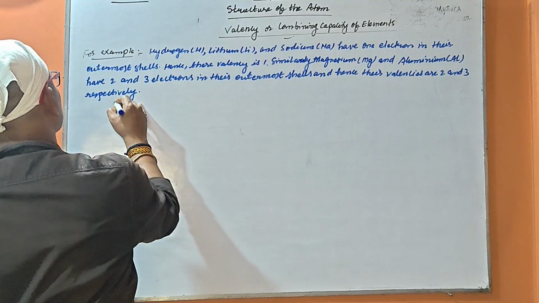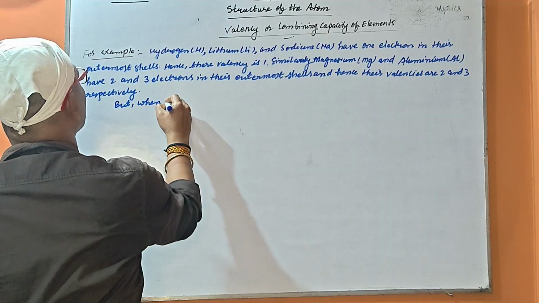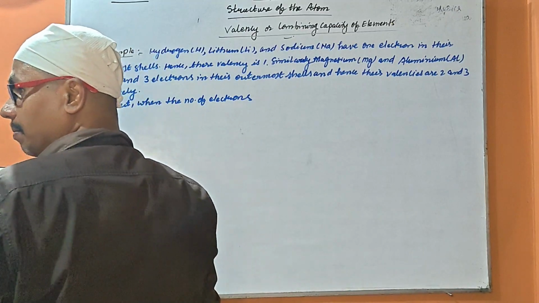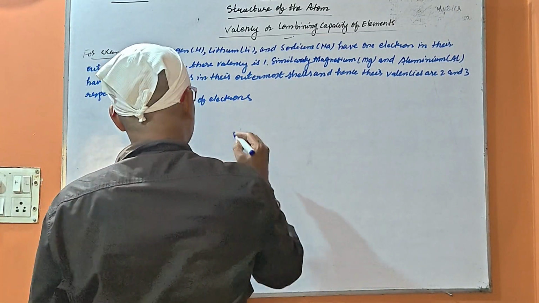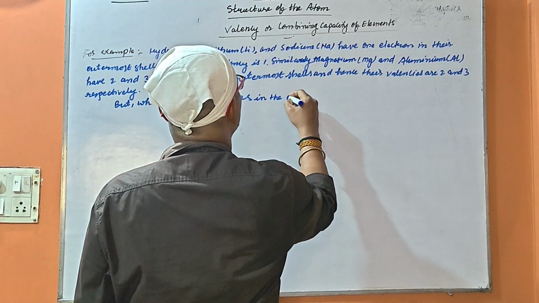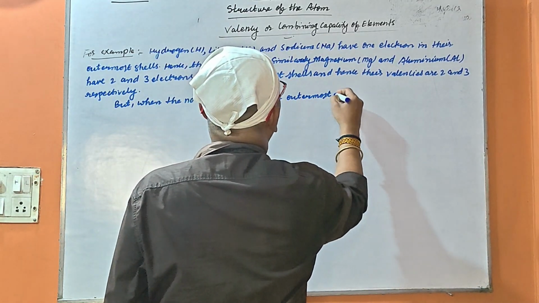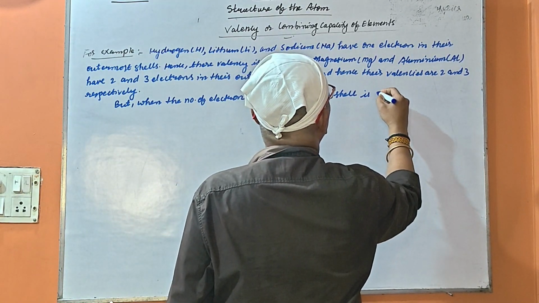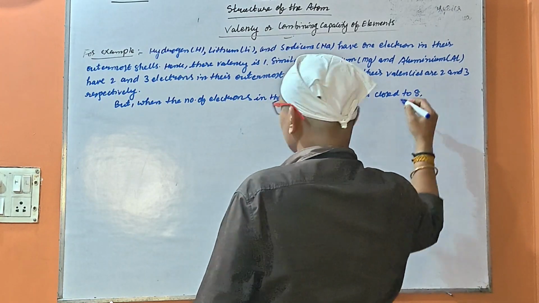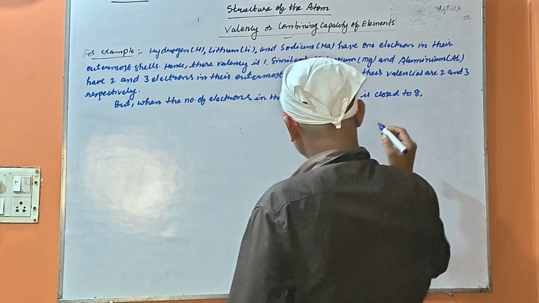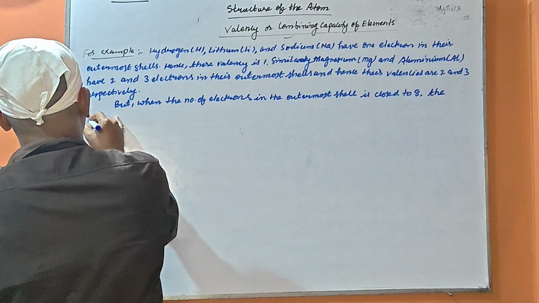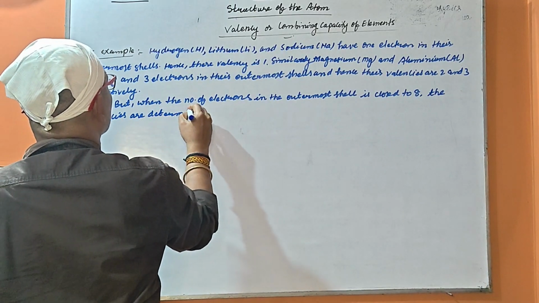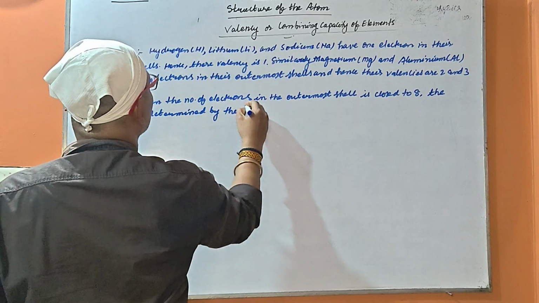But when the number of electrons in the outermost shell is close to 8, the valencies are determined by the following rule.